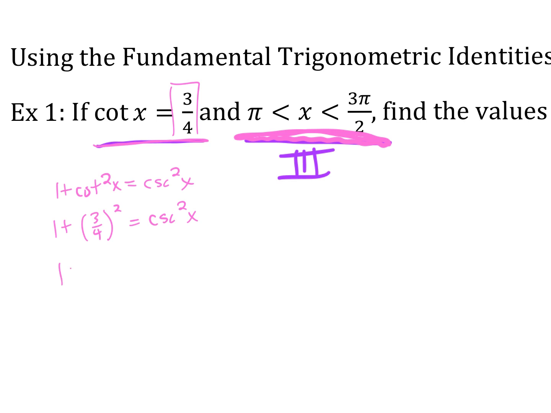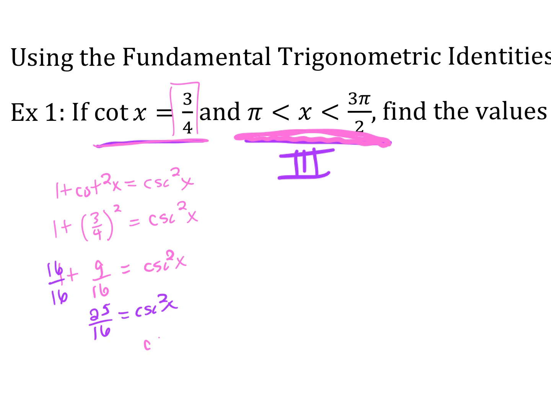Okay, so 1 plus, if we square that, we get 9/16 equals cosecant squared x. Let me rewrite that 1 as 16/16 plus that 9/16. So 25/16 equals cosecant squared x.